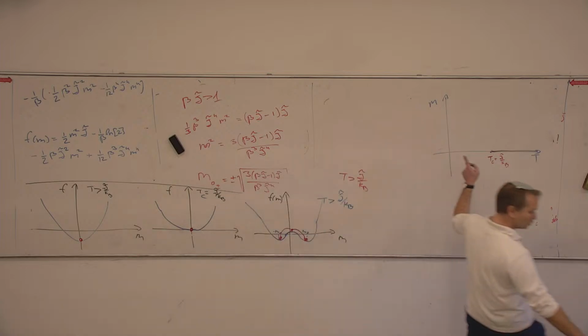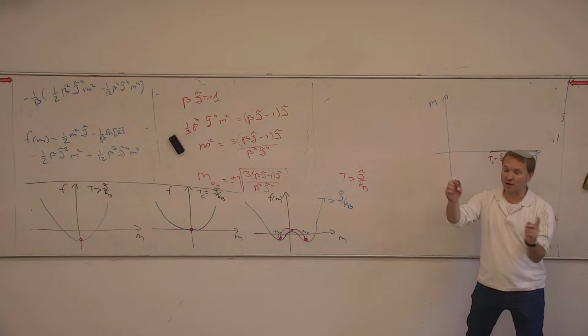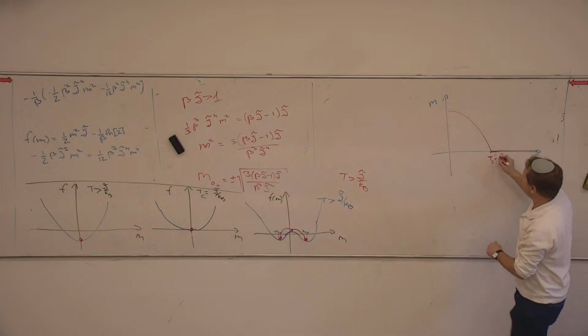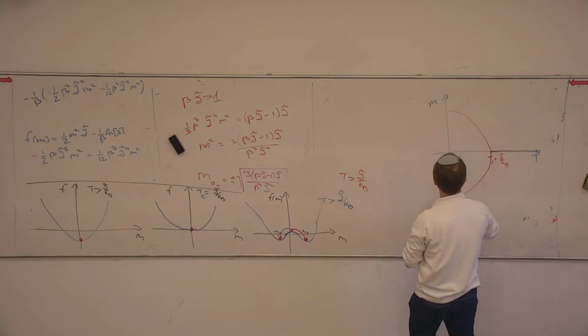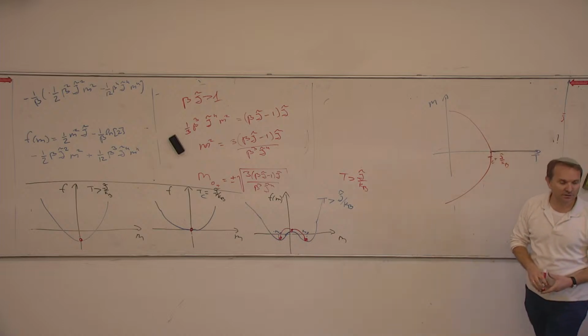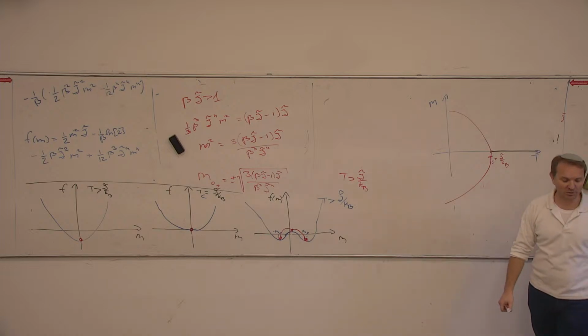Because the solutions are m0s, you have one positive and one negative. One will go like this, and one will go like that. One will give us a positive moment, the other a negative moment.